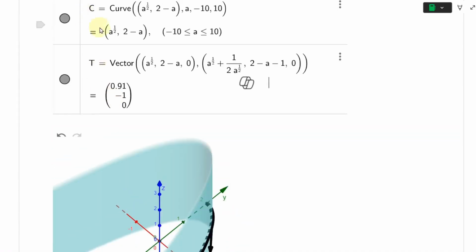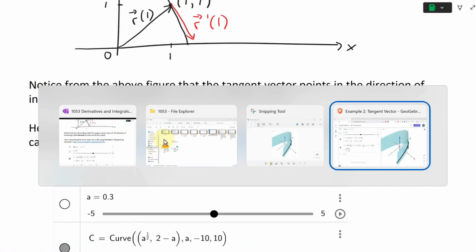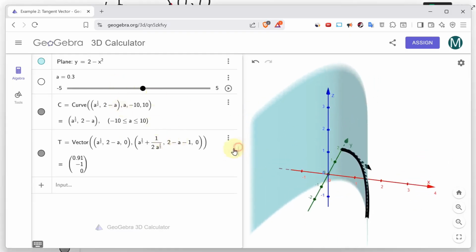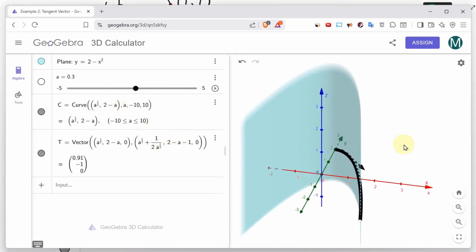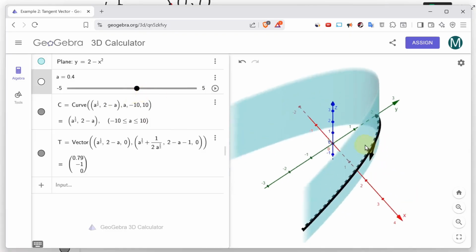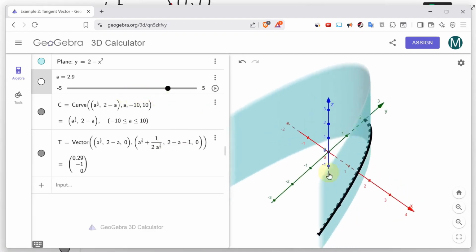But anyways, I'll click that, and let's see how this looks. I think I have it opened already, right here, and there is the curve. It's pretty epic stuff. And you can see that as you change the value of a, or t in this case, it's always tangent to the curve. And because it's a parabola, it flattens out like that.